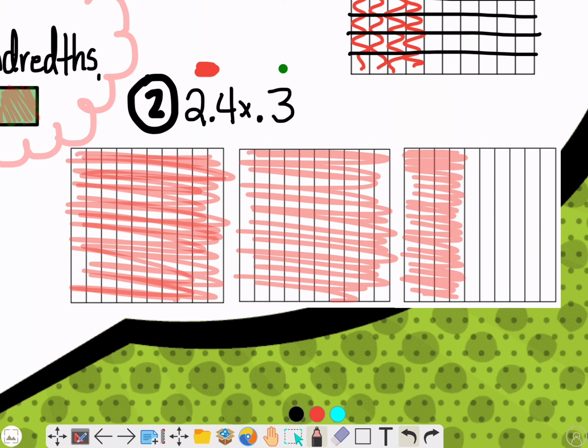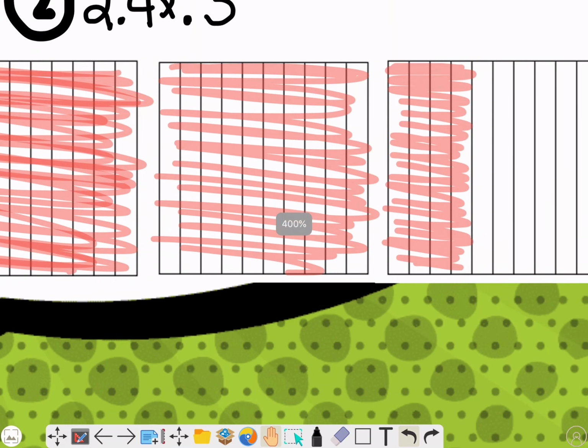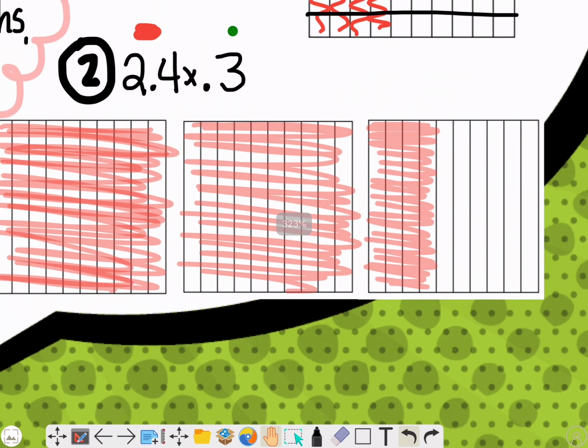Now I need to break all of them into tenths going the other direction, which is long ways. So I'm going to do the first one, break it up into tenths, halves.